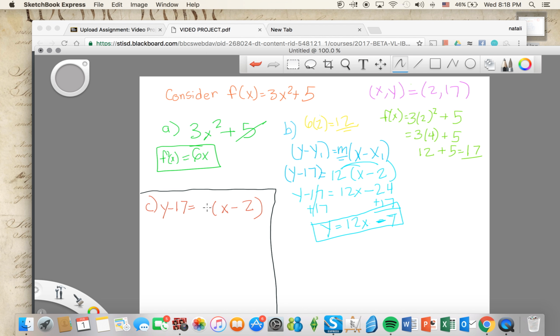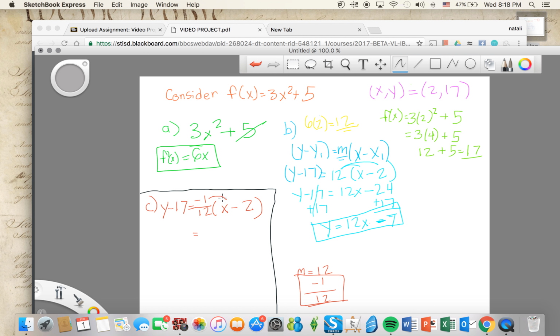Everything stays the same except for this. Our slope right over here was 12, right? And we're going to have to find the opposite reciprocal, but that's not too hard. The opposite reciprocal is this right here. That's our opposite reciprocal. So we're just going to input this, and we're going to continue on with the equation.